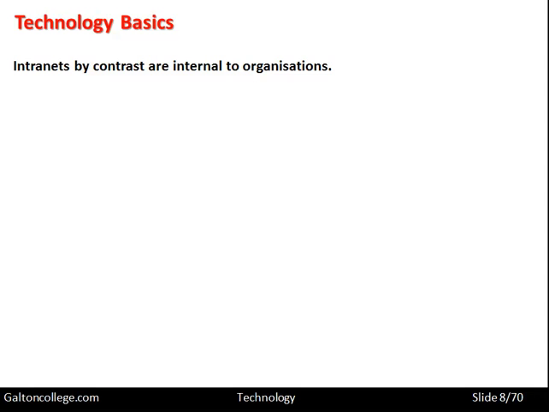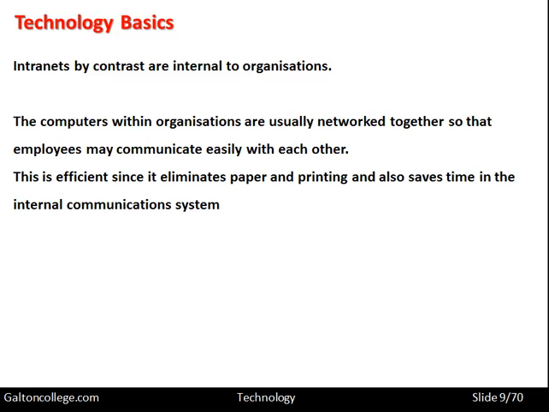It may be just internal to the organization, but it's very useful within the organization. It helps the flow of ideas and communications within the organization. It disseminates information about the business plan or about particular products or stock levels or areas of concern, whatever. It enables efficient communications within the organization.